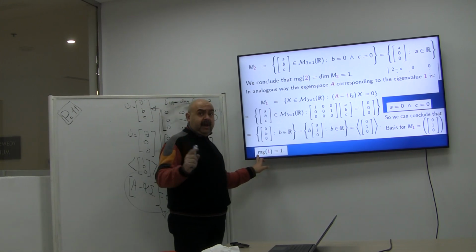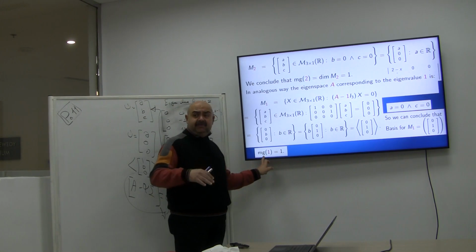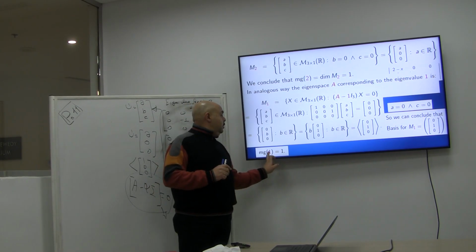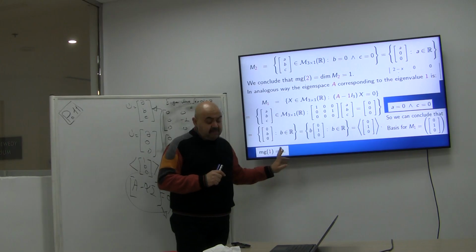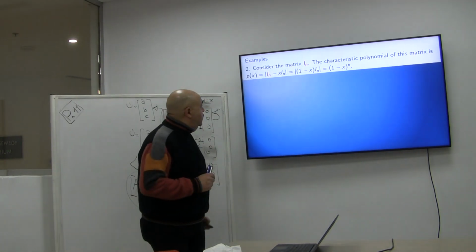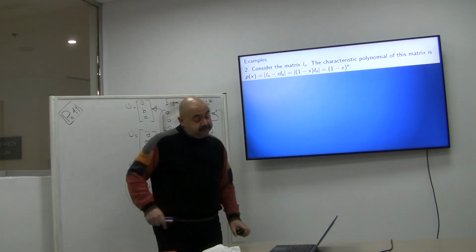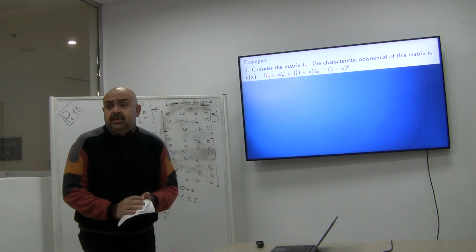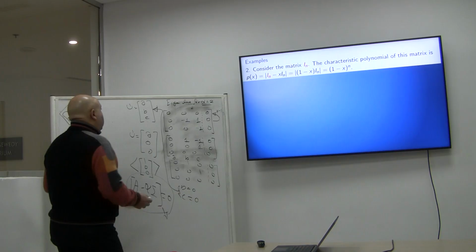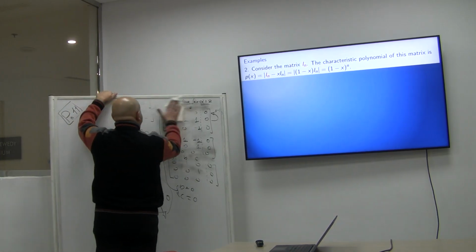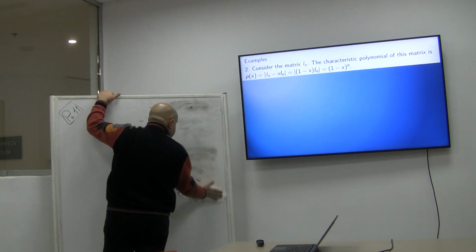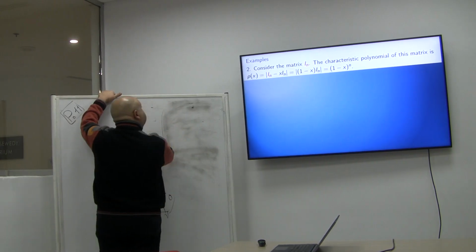multiplicity, which we symbolize by mg, stands for geometric, for 1, which is 1. Another statement, this remark, is really very useful. What if I want to evaluate the eigenvalues corresponding to a unit matrix?